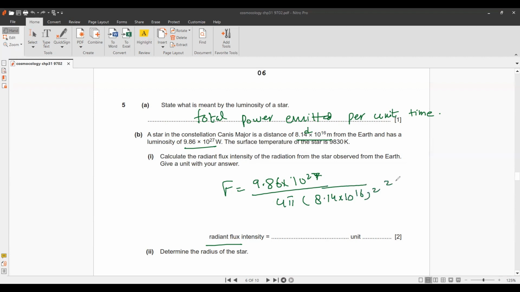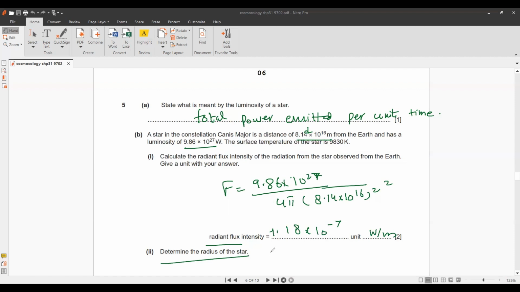What was the answer for this one? 1.18 into 10 raised to power minus 7 watts per meter squared.